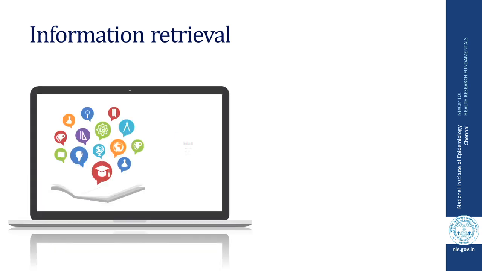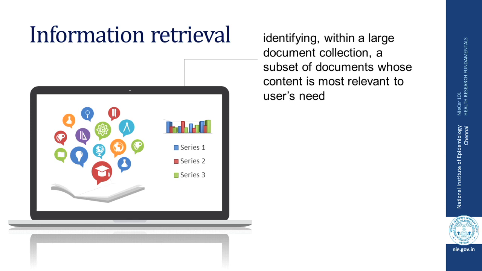So, you can see that an information retrieval mechanism is inculcated in the literature review. Information retrieval in literature review, what is it? It is basically identifying from a large database, by a set of queries, the documents which are relevant for your needs.